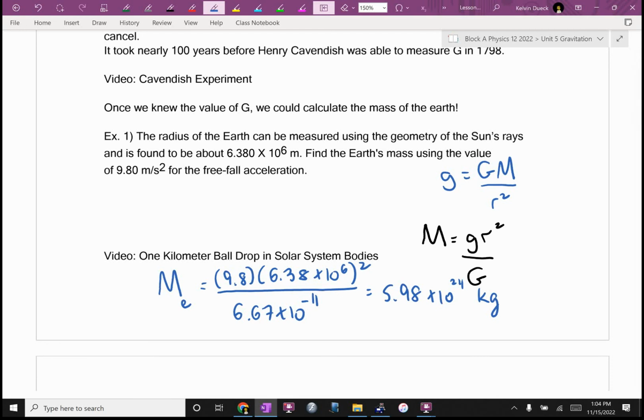Up until then, the best way that they could figure out the mass of the Earth, and this is very crude, they literally took shovels of dirt, measured the mass to find an average mass of a shovel of dirt, and then said, okay, how many shovels of dirt would fit in the volume of the Earth? Multiply, there you go. And they got an answer way smaller than this.